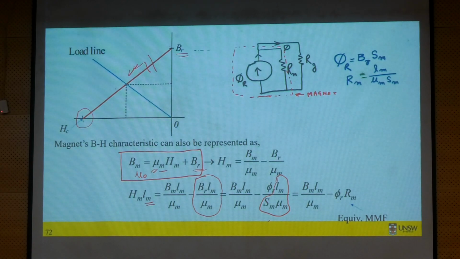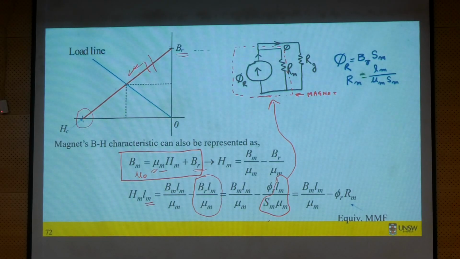And that's why we can represent it as a flux in parallel with a reluctance, or as a flux in series with a reluctance, okay? Because we can convert the voltage source to a current source.